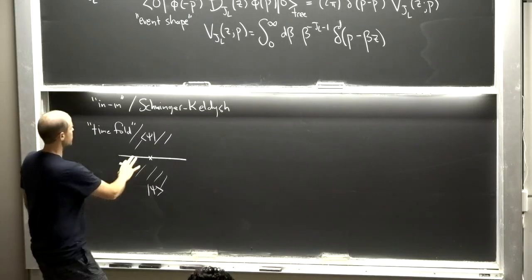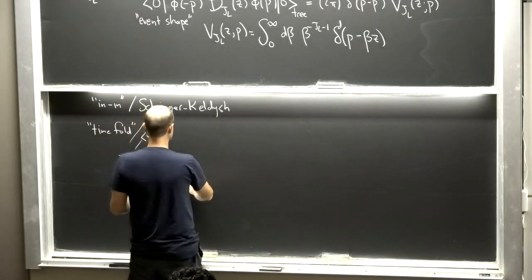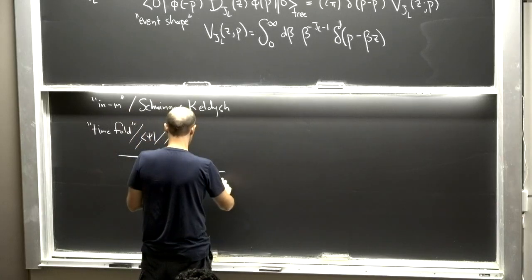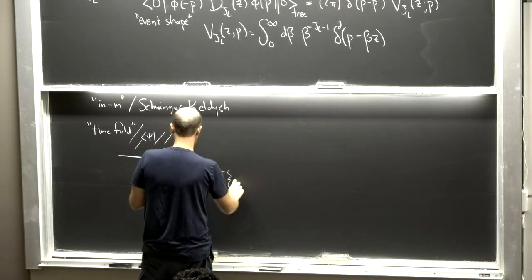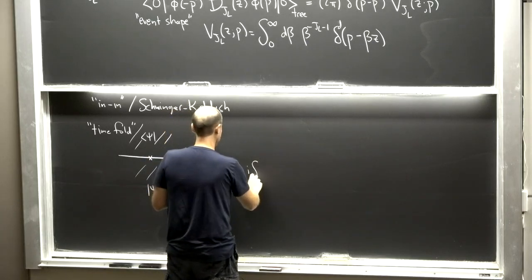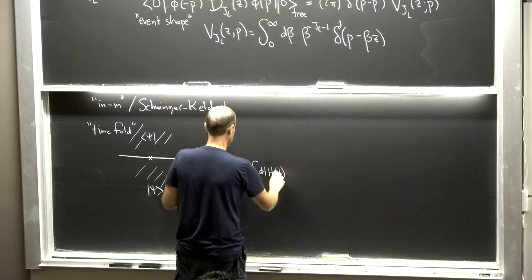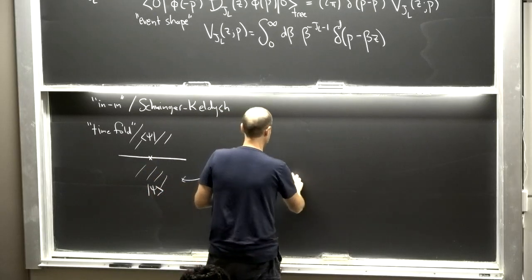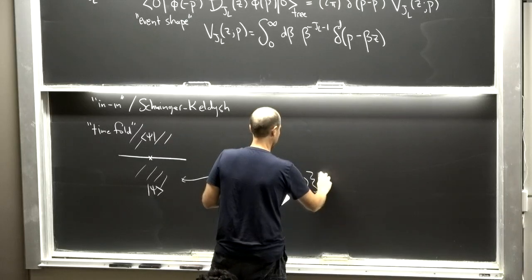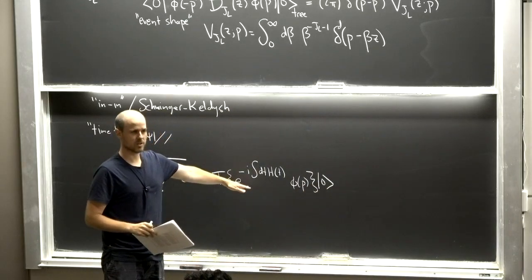So this is the diagram, and the stuff down here below the fold is computed by the usual Dyson series. So you have a time-ordered product of e to the minus i times the integral dt of H(t), and then this insertion, phi of p. This is the kind of thing that you normally deal with in perturbation theory.